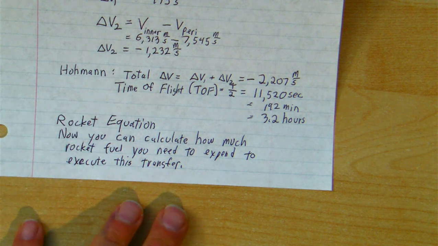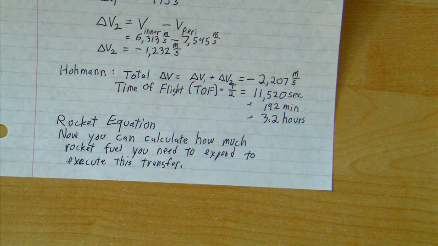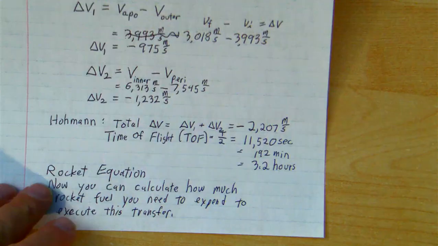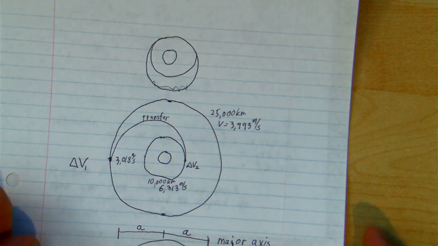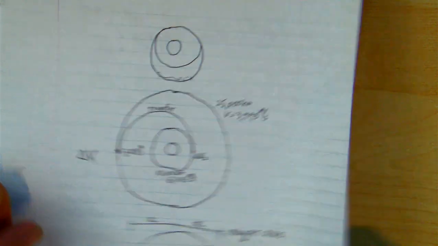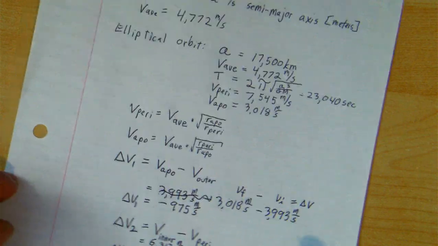So I'm stopping here. This is what I consider to be a very logical, fun part of orbital mechanics. You might want to challenge yourselves to use STK to model this.